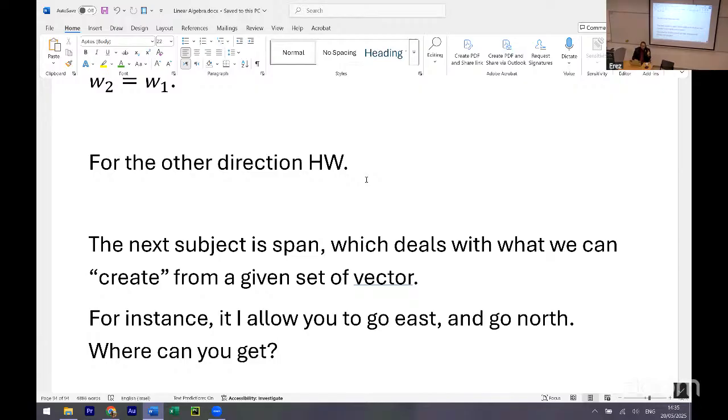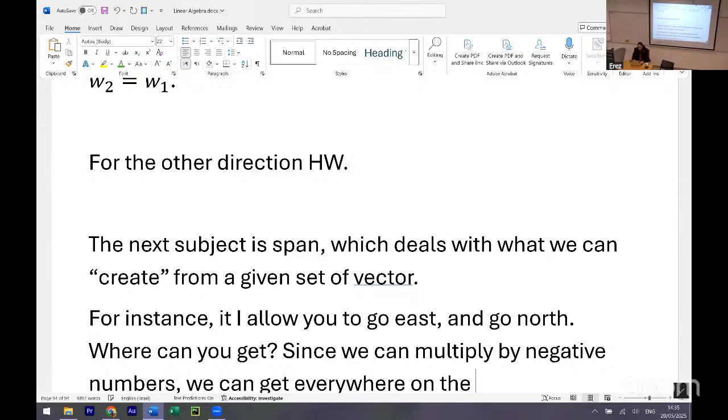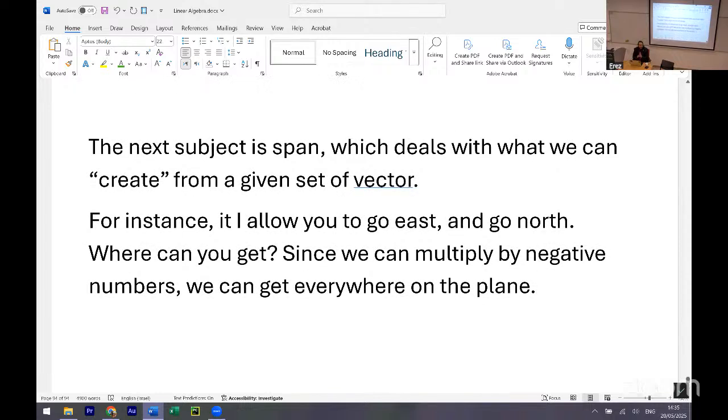But since we can multiply by negative numbers, we can get everywhere on the plane.